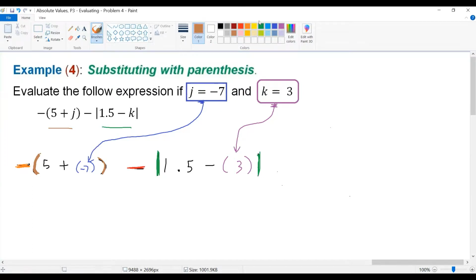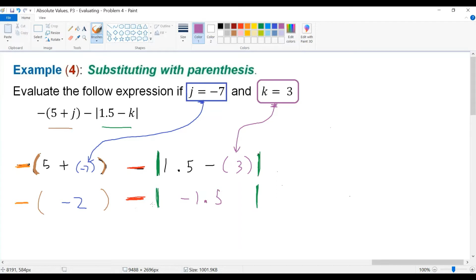So in the first set, we have the parentheses, and we're going to have 5 plus negative 7, which is essentially the same thing as 5 minus 7, which will give us negative 2. Then we continue copying down operations that we haven't done yet, our absolute value bars, then simplifying what's inside this absolute value, which is 1.5 minus 3, which gives us negative 1.5.